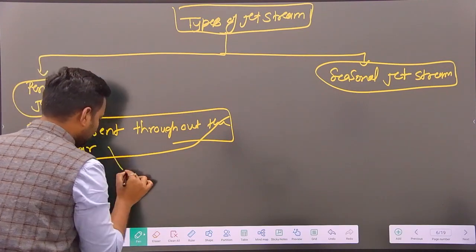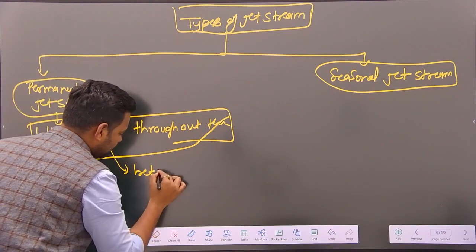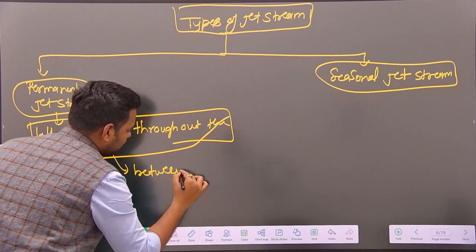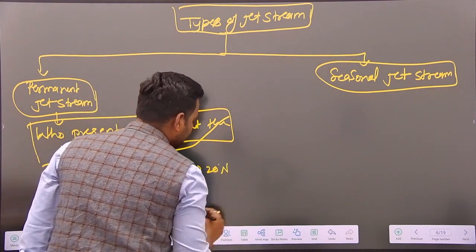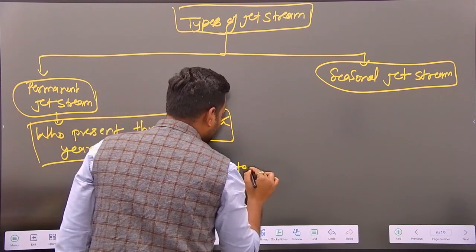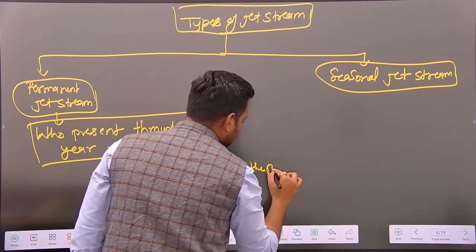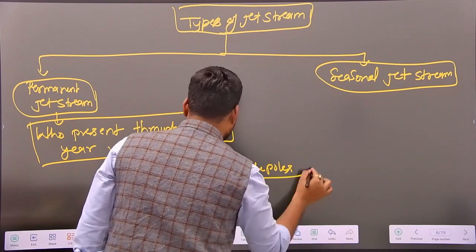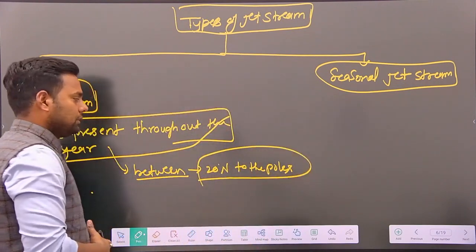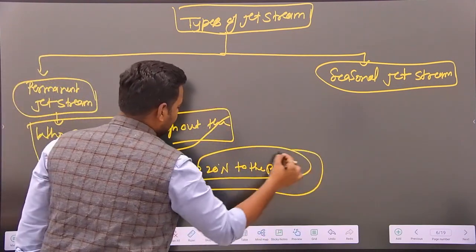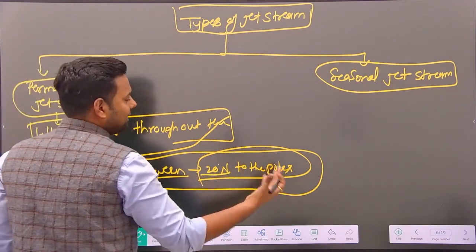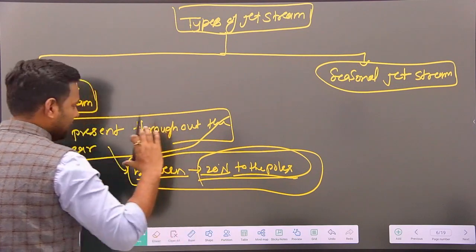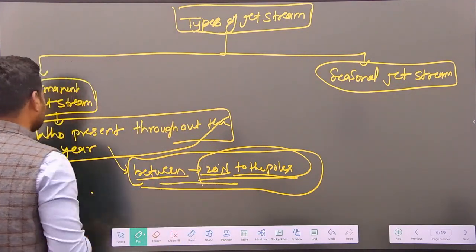Here we also discuss that there is an expansion, or you can say extension, between 20 degrees north as well as south towards the poles. There is an area of the jet stream.